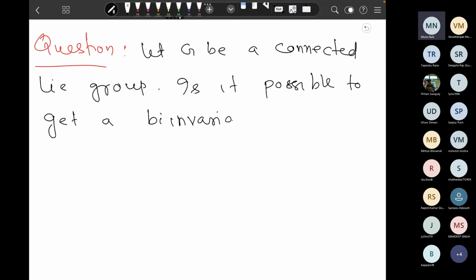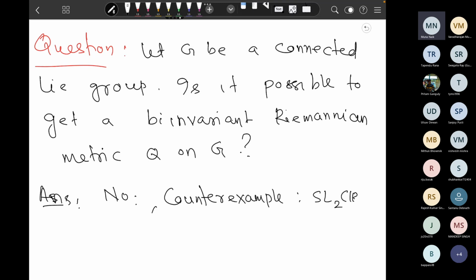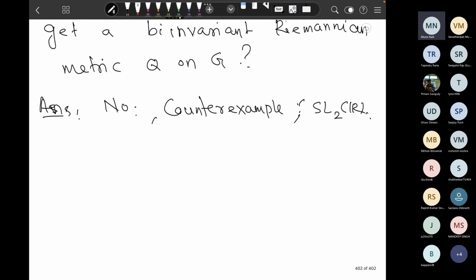This question is a little interesting. The answer is no, and a counterexample is SL(2,R). I will see later why this is the case.